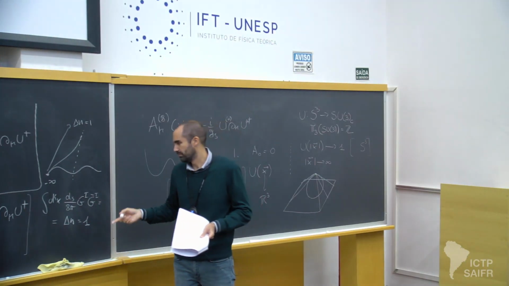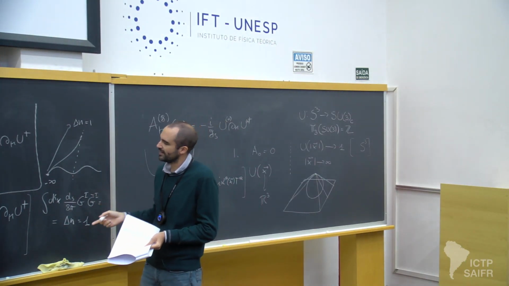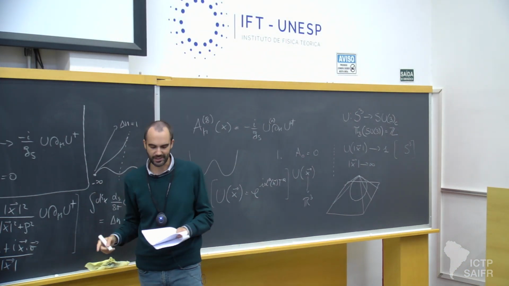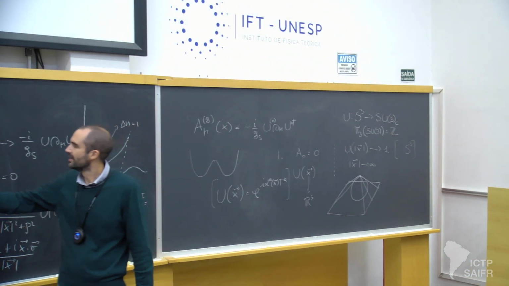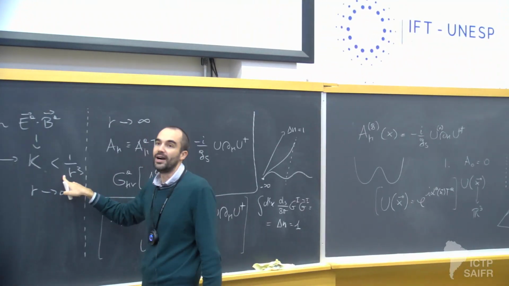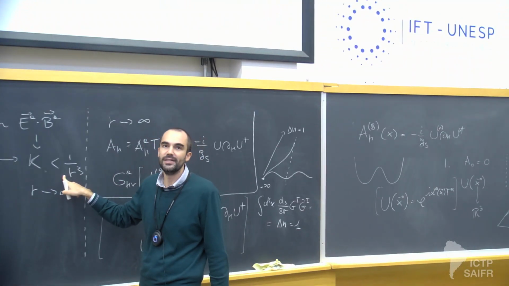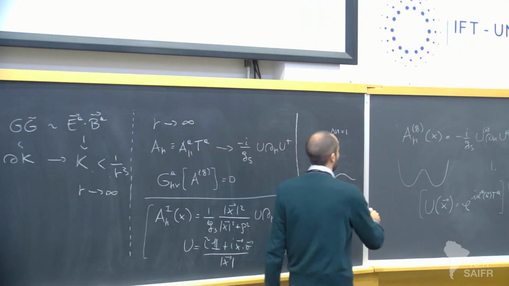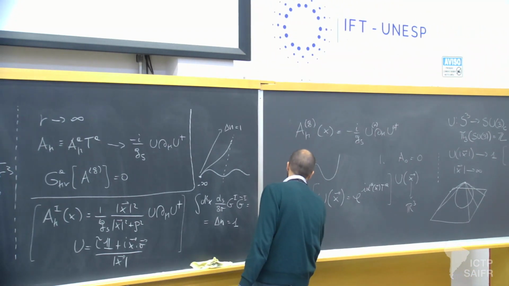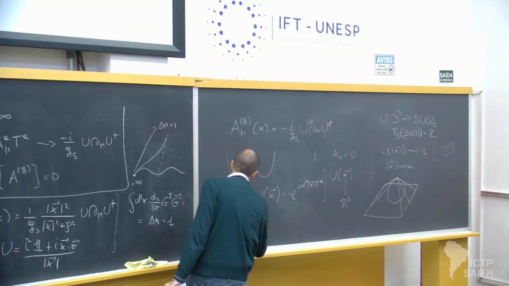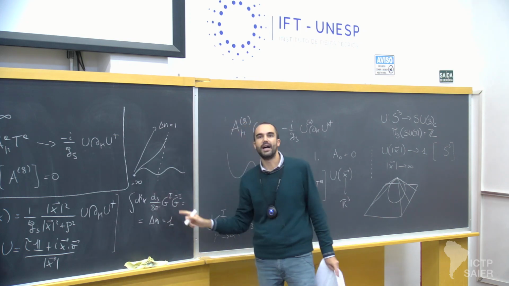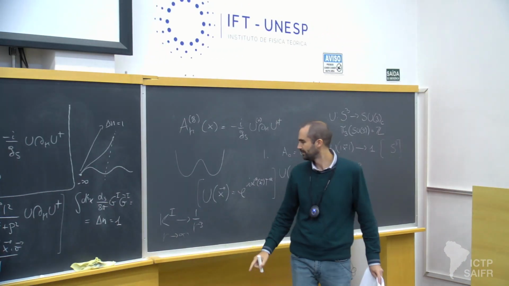And the easiest thing to check is that indeed these solutions scale at infinity in such a way that K scales like 1 over r cubed, so it does not decrease more slowly than 1 over r cubed. So on these instanton solutions, K is going to go like 1 over r cubed at infinity, and it's giving you this finite contribution to the action through G G dual.